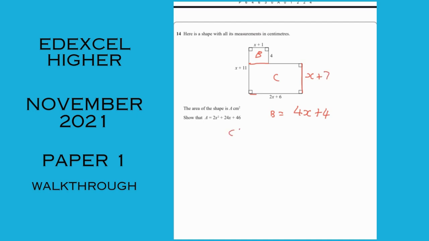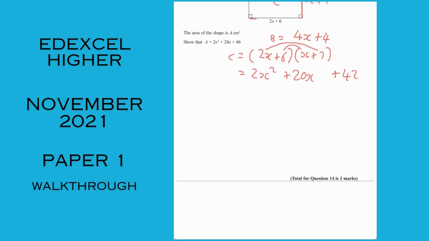Now C needs a bit more work because it's a quadratic. That's really the crux of this question, because that bit's quite easy. So the x terms give me 2x squared. The constants give me 42. 6x, 14x, 20x in the middle.